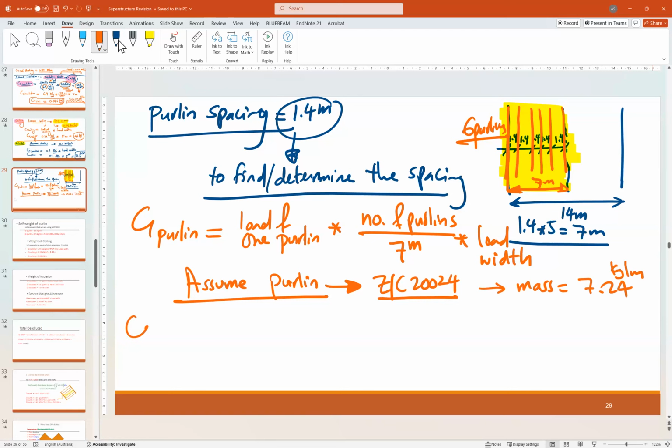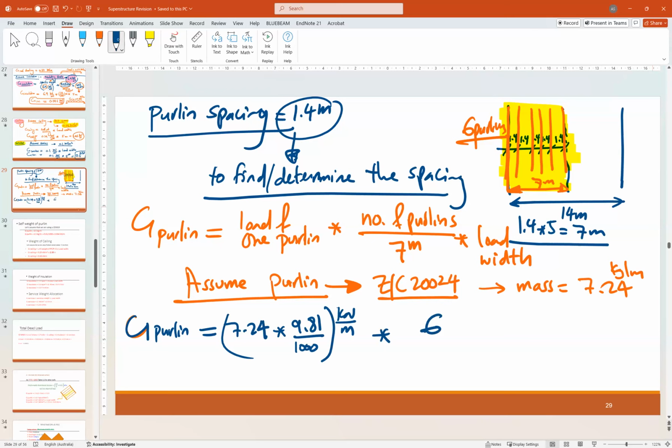So G purlin will be equal to 7.24 times 9.81 over 1,000 to make it kilonewton, multiplied by the number of purlins, 6 purlins, divided by 7 meter, multiplied by the load width of 5 meter.